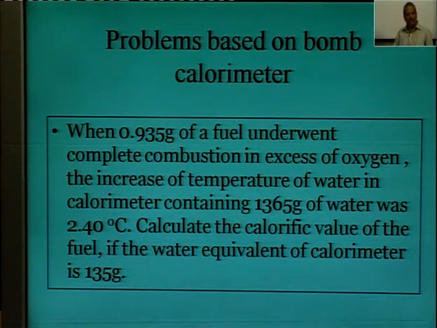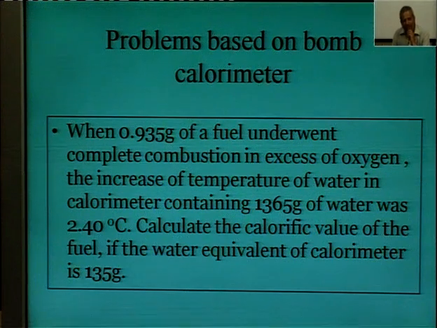When a substance which weighs approximately 0.93 gram of coal underwent complete combustion in excess of oxygen, there is an increase of temperature of water in the calorimeter containing the bomb. That bomb calorimeter is placed in 1365 gram of water, and the rise of the temperature is 2.40 degrees centigrade.